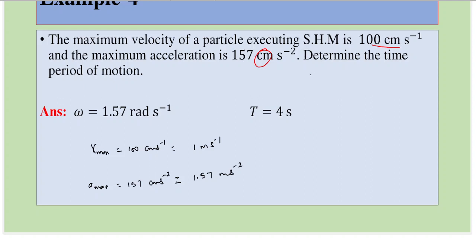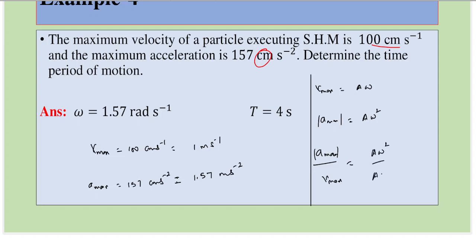So let's recall what V maximum is. V maximum is equal to A into omega, and A maximum in terms of magnitude alone will be A into omega square. We divide mod of A maximum by V maximum, that is equal to A omega square by A into omega. From this, A gets cancelled, one omega gets cancelled, and this is just equal to omega.